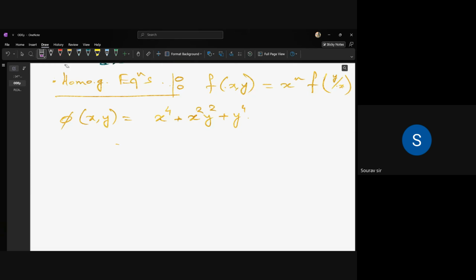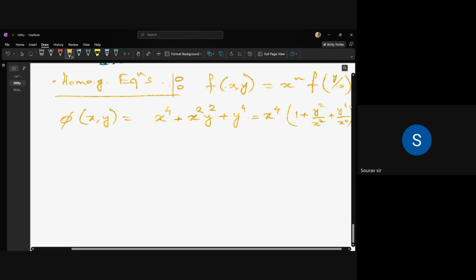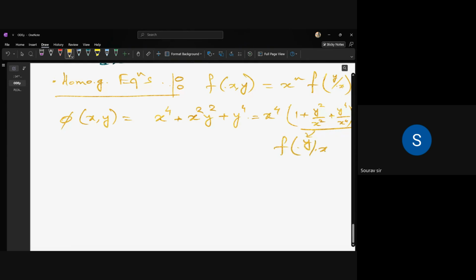Then we can write it as x to the power 4 into 1 plus y square upon x square plus y to the power 4 upon x to the power 4. That is basically a function of y by x. That kind of function is called a homogeneous function.